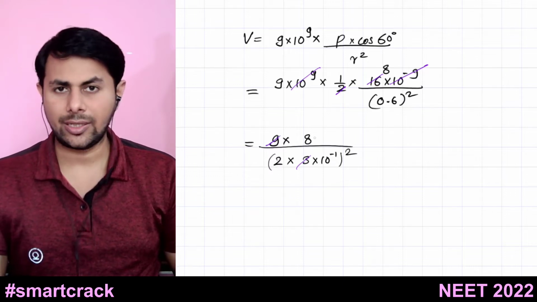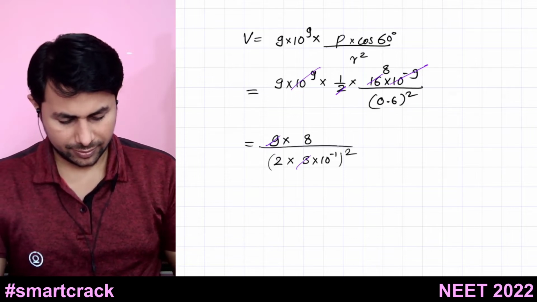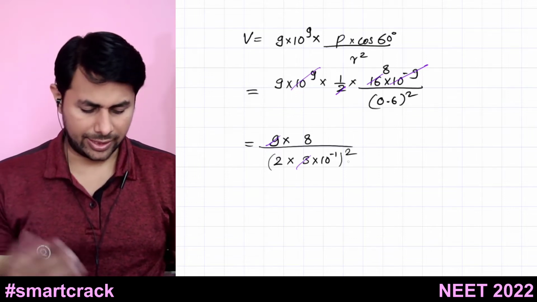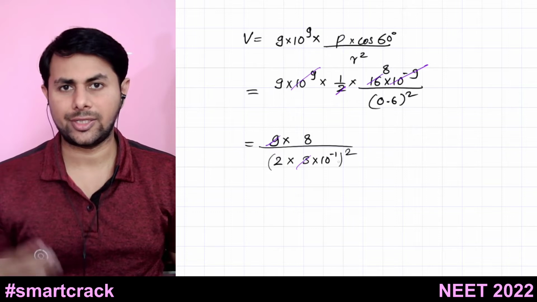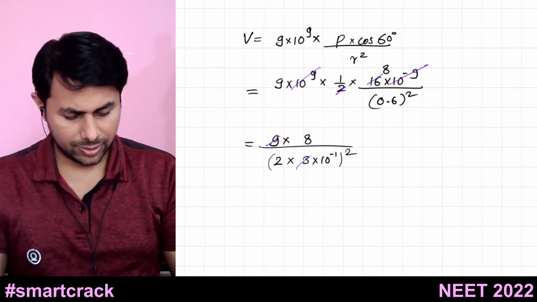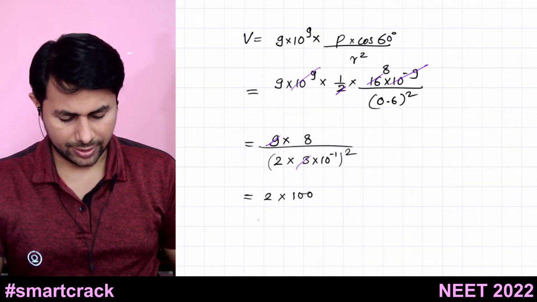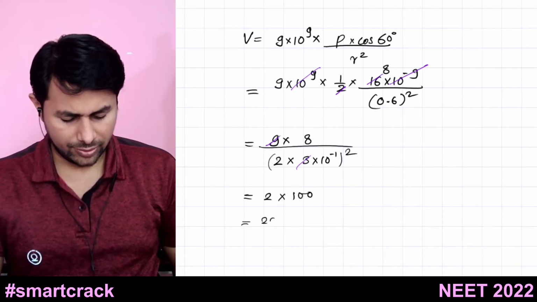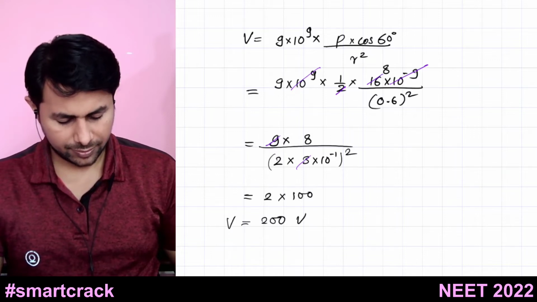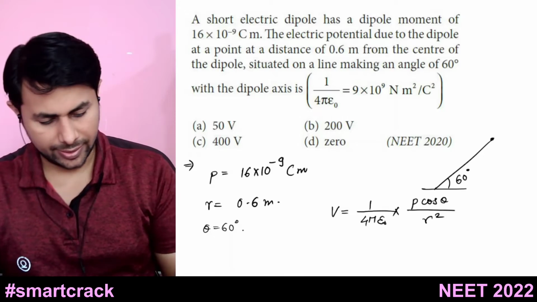So 8 upon 4 gives me 2, and 10 raised to minus 1 whole square is 10 raised to minus 2. Take it in the numerator, it becomes 10 raised to plus 2. So we have 2 times 10 raised to plus 2, or 100. Okay, so 200 is the answer. Option B is the answer, right?